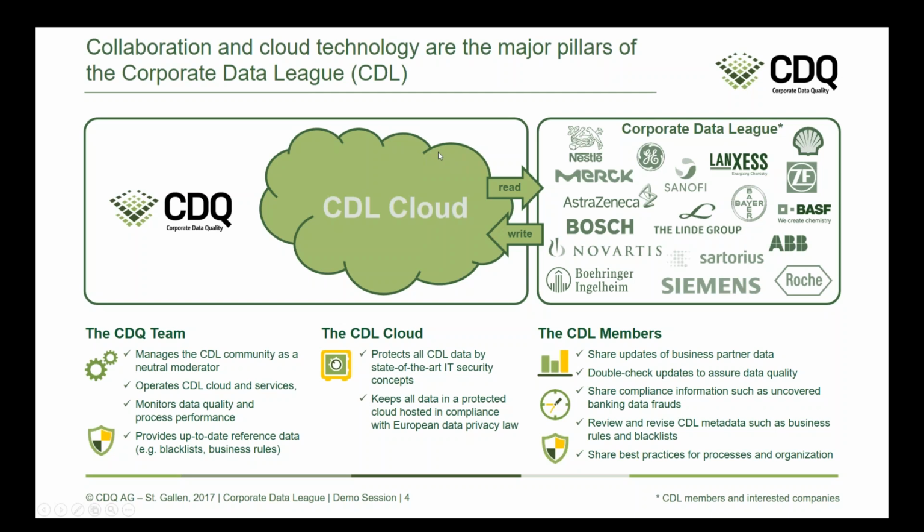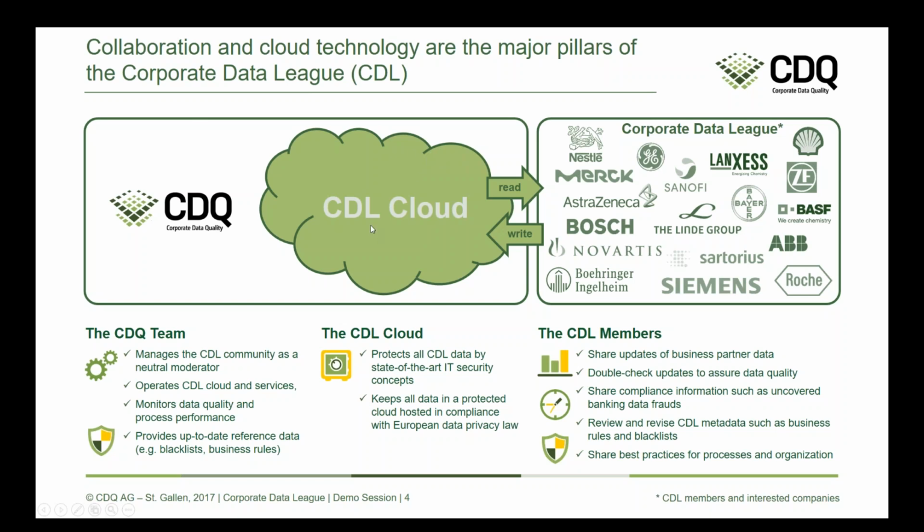So it's not us who does research or who collects business partner data, but it is you who share the data out of your processes when you create new suppliers, when you update supply information or customer information.